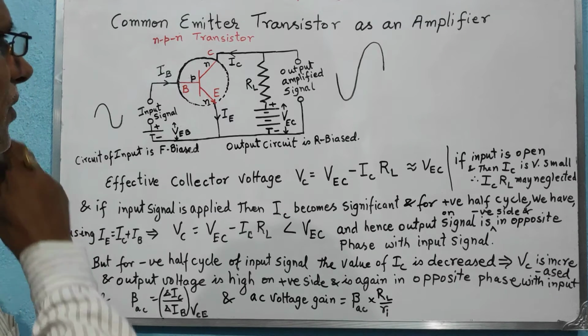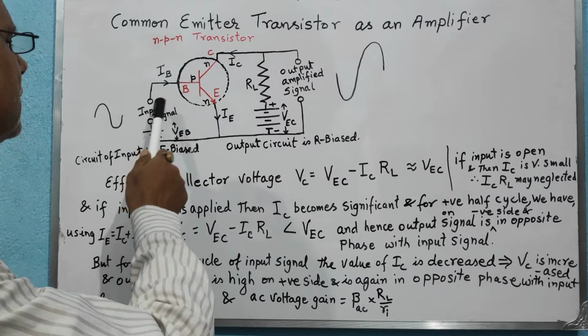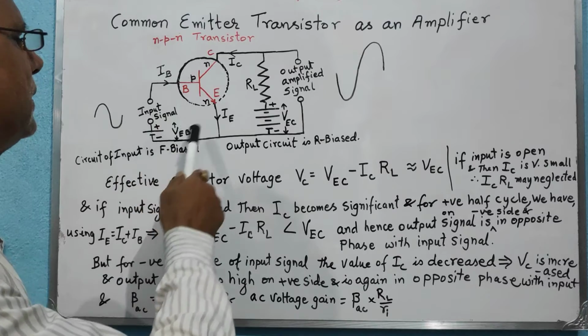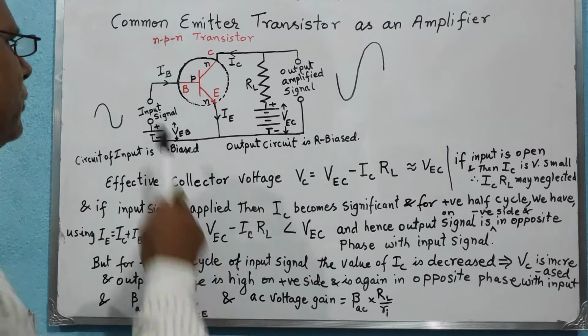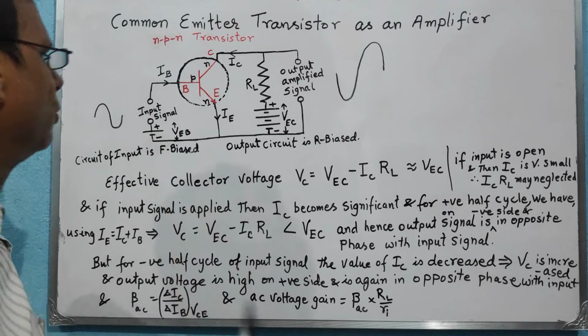previously. So here you see we have forward bias voltage, and if there is no signal applied, that means the input circuit is open. If we don't apply any signal over here, this terminal is open.